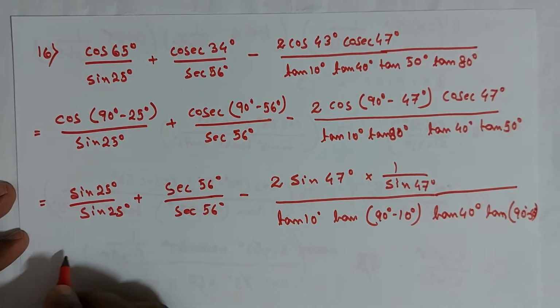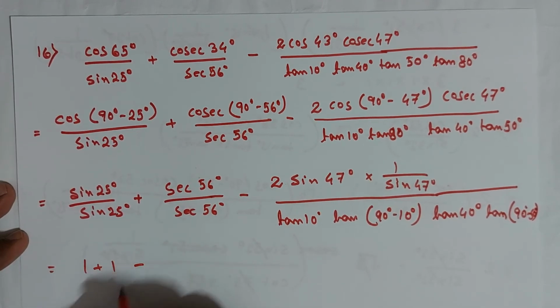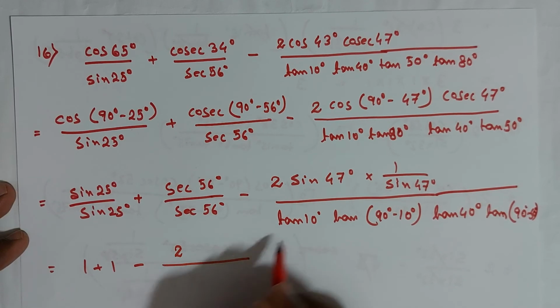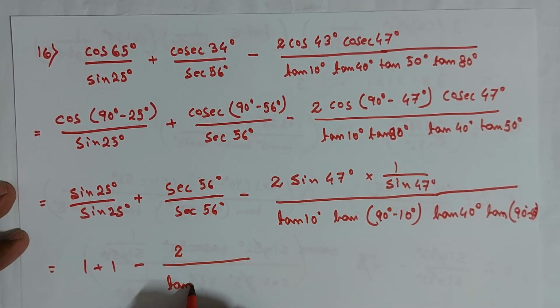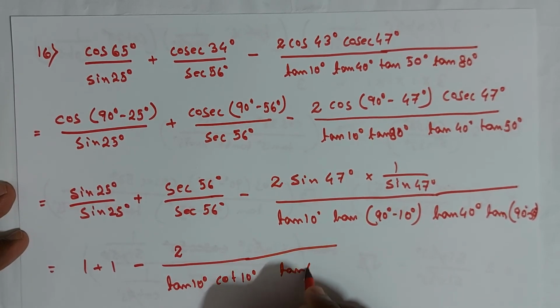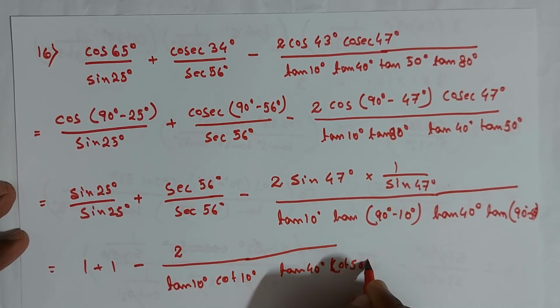Okay, this is 1, this is also 1, minus 2 by tan 10 degree, this is cot 10 degree. Okay, this is tan 40 degree, this is cot 50 degree.